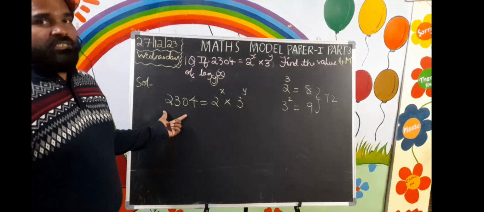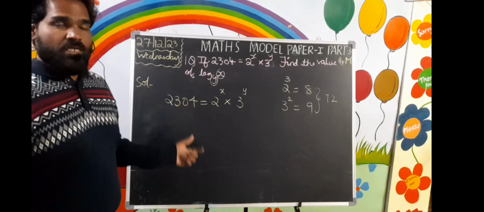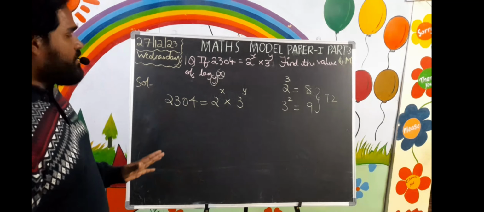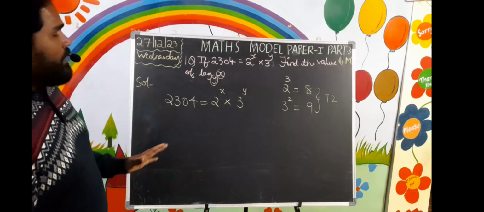But here we don't have 72, we have 2304, which means the values of x and y, what we supposed, are not 3 and 2, but they are something else, greater than 3 and greater than 2 probably. Okay, so that was just an example to make you understand how the values of x and y both work together to get this value 2304.